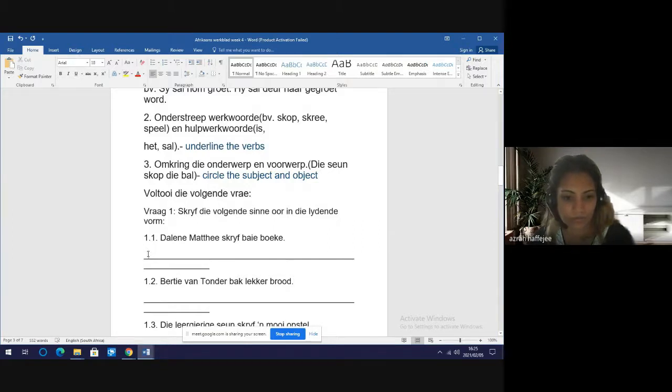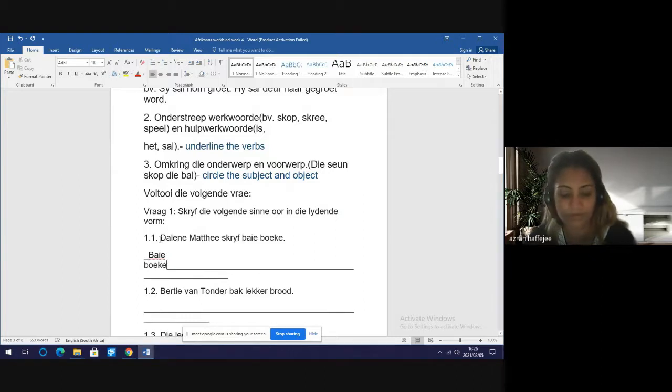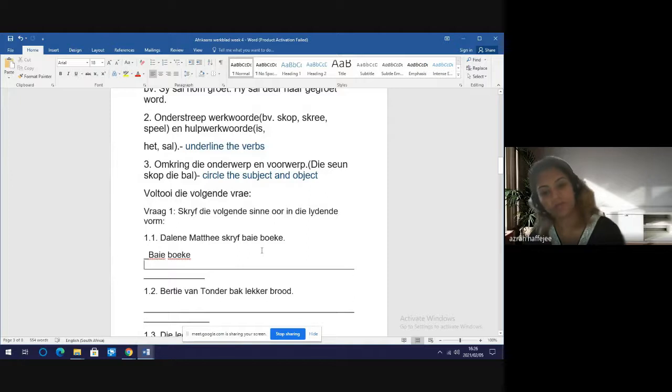Right, so I'm going to write here. Daleen Matthew skryf baie boeke. And we want to start with the object, baie boeke. So we will start that by using our object, baie boeke. Then we need to ask ourselves, what tense is this in? So Daleen Matthew skryf baie boeke. The word skryf is going to indicate to us our tense because it's in the middle of the sentence.